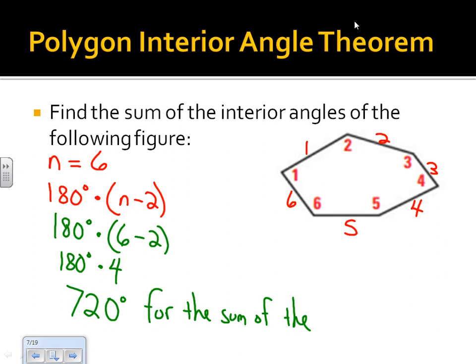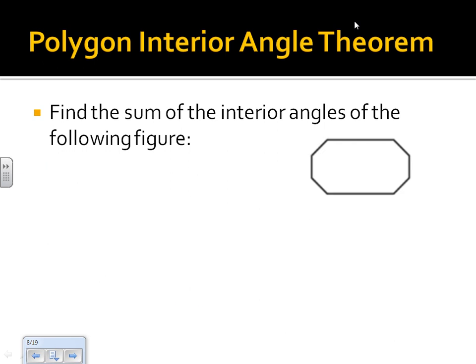Interior, yep. For the sum of the interior angles. Be sure that you say interior, because we're going to talk about exterior in a second. Maybe tomorrow, maybe today, depends on how it goes. So 720 degrees for the sum of the interior angles. Does this make sense? All we have to do is plug in our formula, find out what it'll be. All right, can you guys do that one then? And then when someone finishes, they can do it on the board for me.